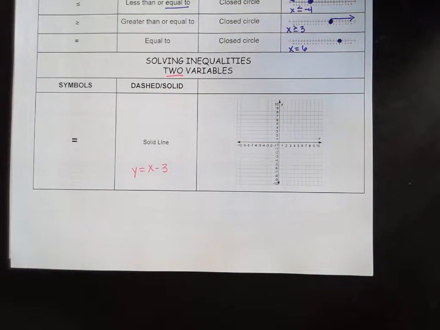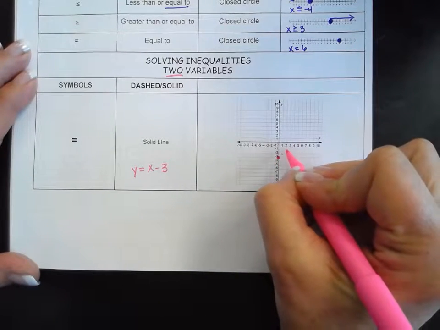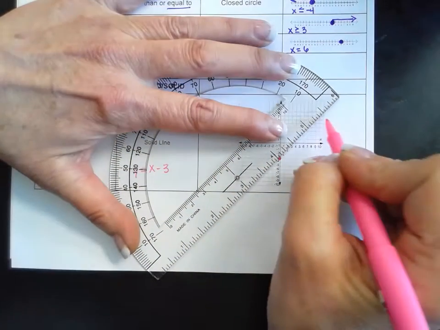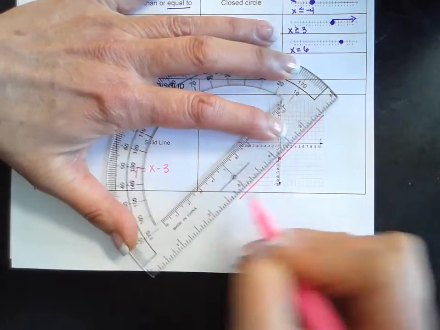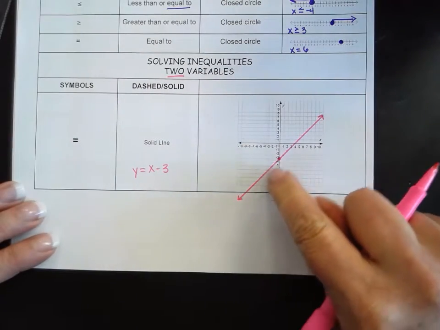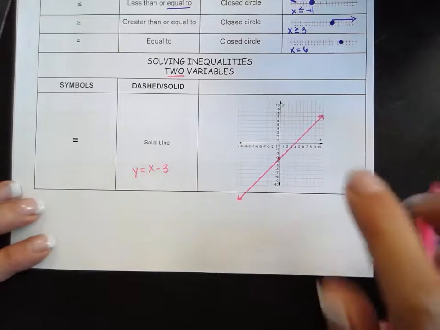This is the graphing like we did yesterday, but it's basically the same thing. The difference is that we have the line, which means every point that this line hits is a solution, right?